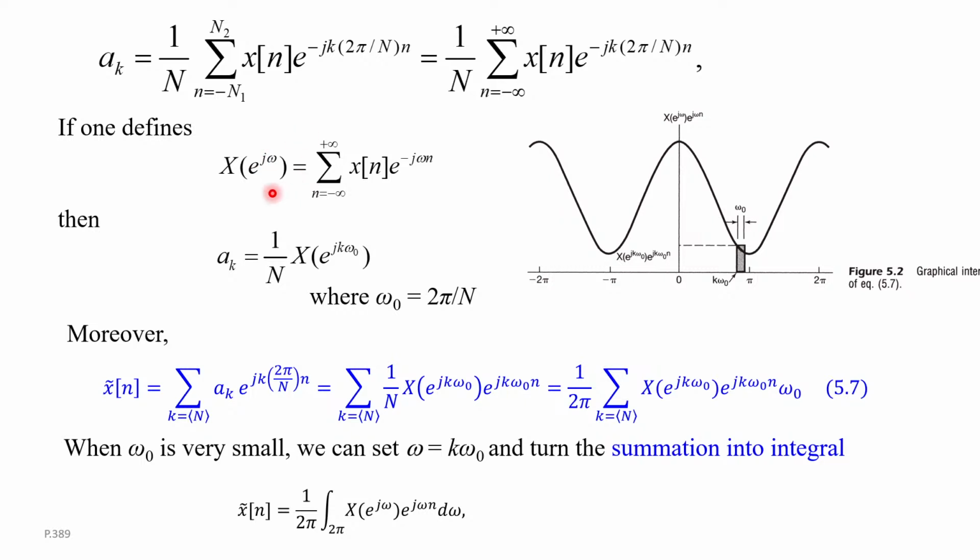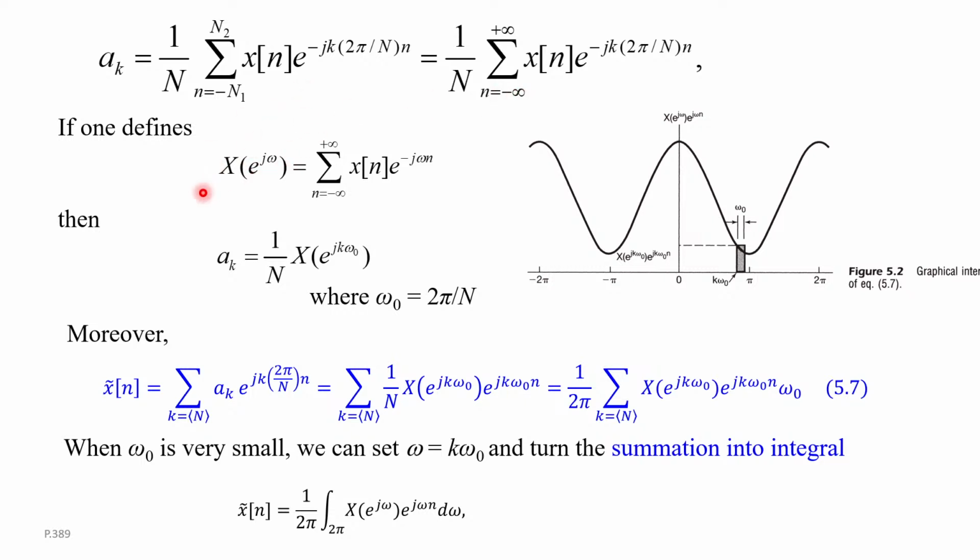We do e to the j omega instead of j omega here because it's discrete-time, and the discrete-time eigenfunctions we always think of as some alpha to the n instead of e to the j omega t. Yeah, it's not too different. It's just a notation thing.